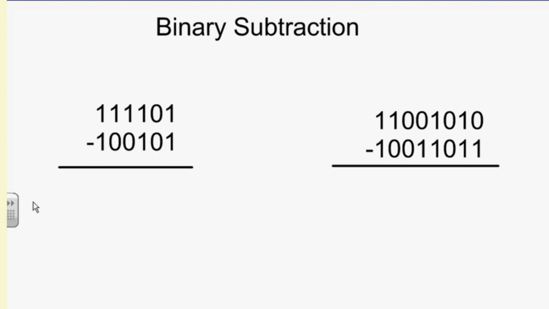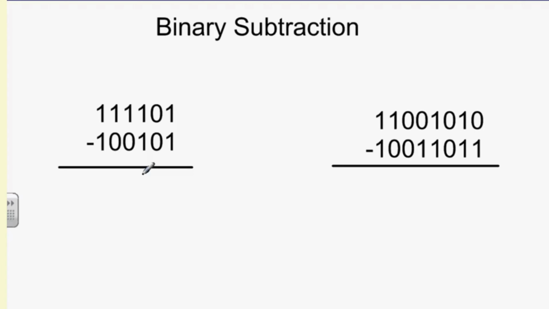If we take a look at this first example, I know just by looking at it that the number above that I'm subtracting from is larger than the number I'm subtracting, and I can easily go through this, no problem. So I have 1 in the first ones column.